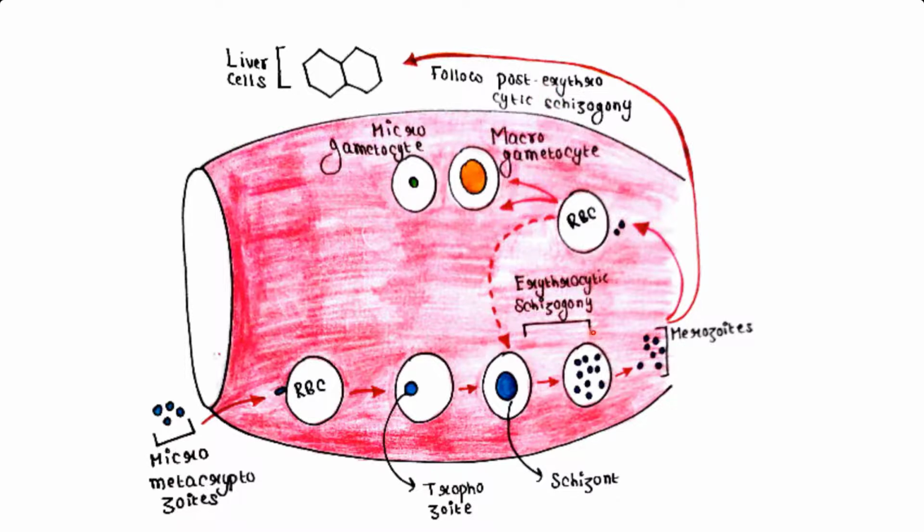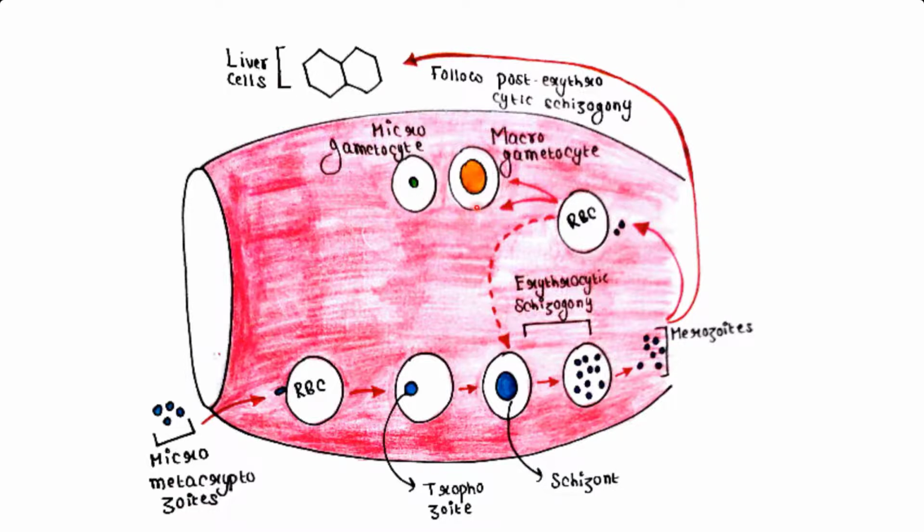After that, some of the merozoites grow inside the erythrocytes and are transformed into two types of gametocytes: macrogametocyte and microgametocyte. The macrogametocytes are female and the microgametocytes are male.